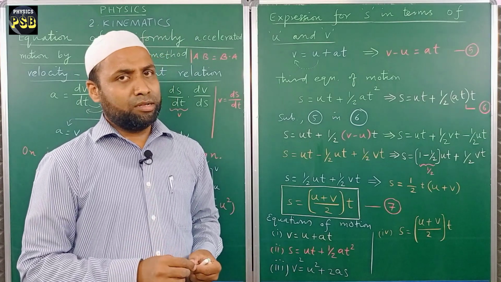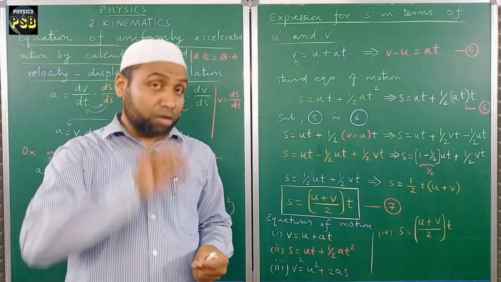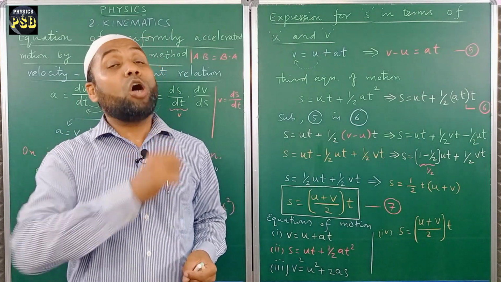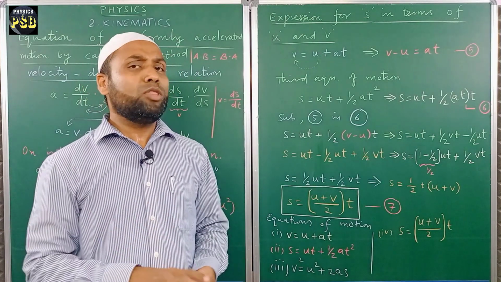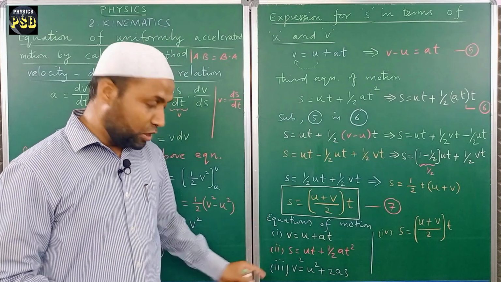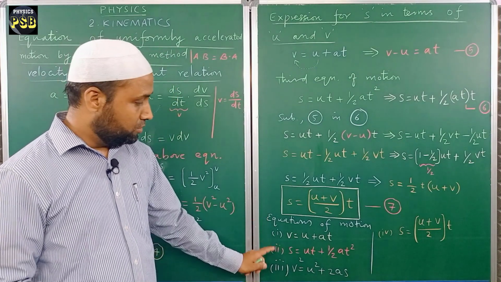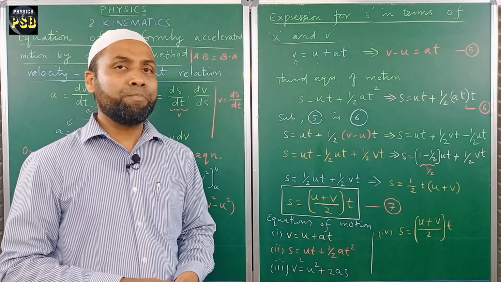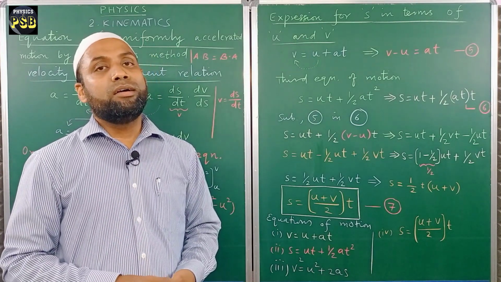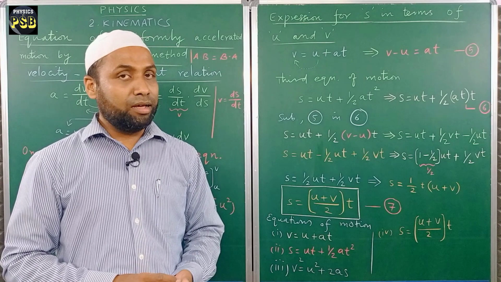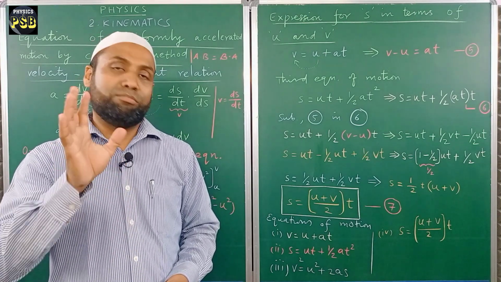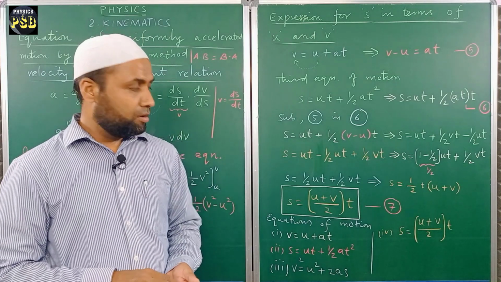If the object is under circular motion or oscillatory motion, in both cases we cannot apply these equations. Got it? So these kinematic equations are valid only for an object under uniform linear motion. Clear?